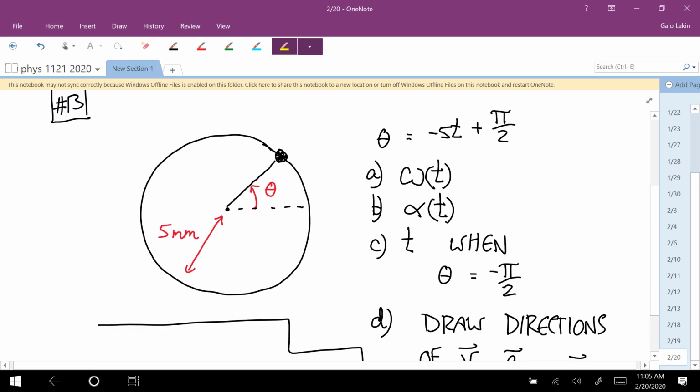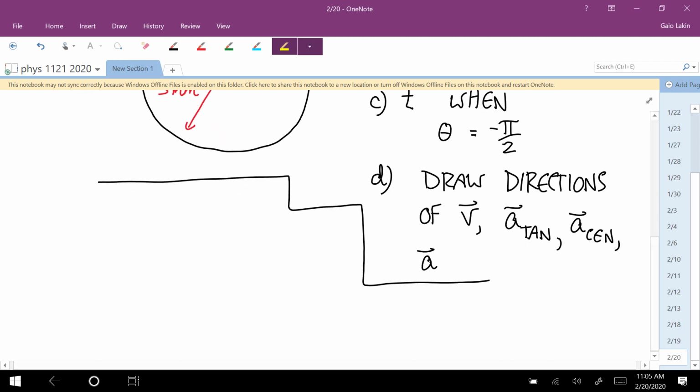All right, well, this is theta as a function of time. And so to get from the angular position to the angular velocity, you just take the time derivative. So omega as a function of time is just the time derivative of the angular position.